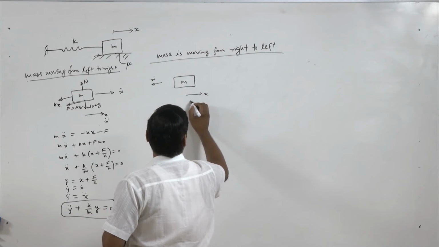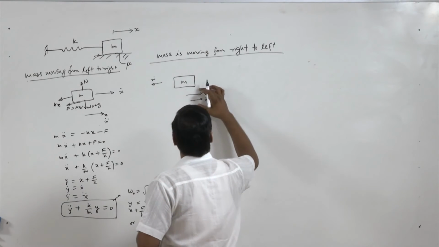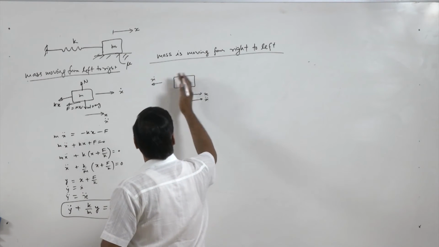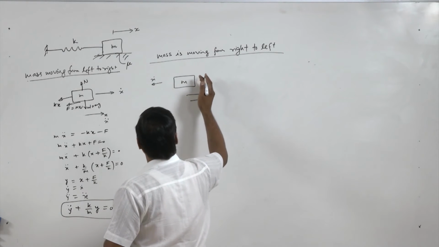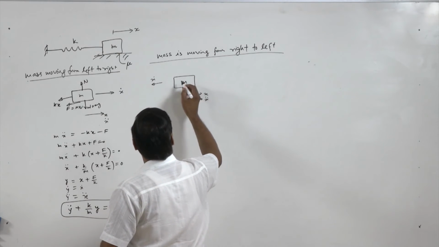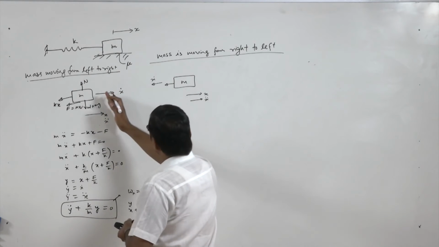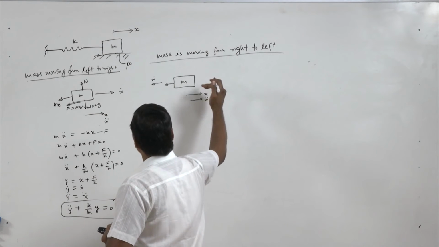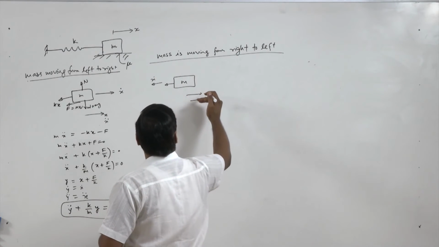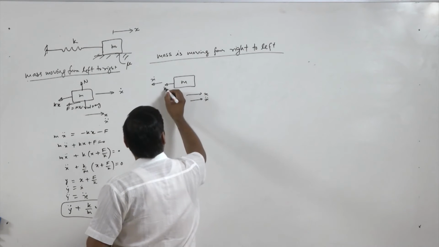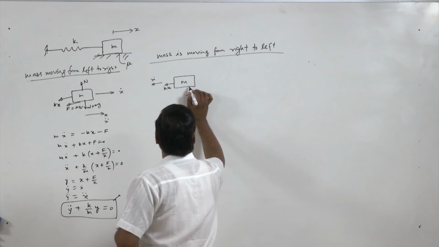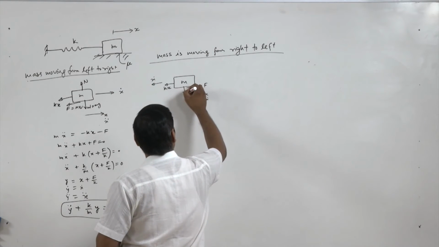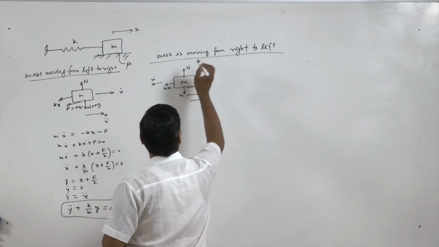However, x is this and x double dot, we assume this direction positive. The spring force will be working here, because the mass is still stretched to this side but moving towards the left. So kx is the spring force, and this time the friction force F will work in this direction, and here will be W and here the N.